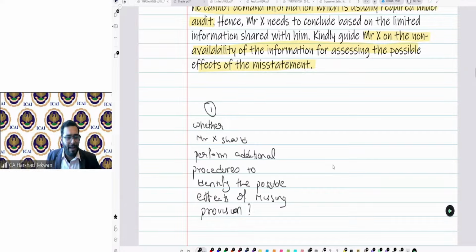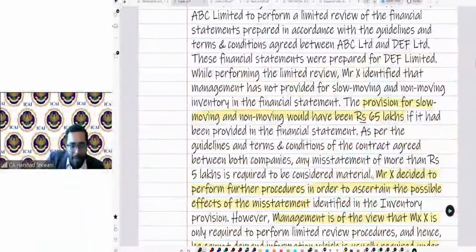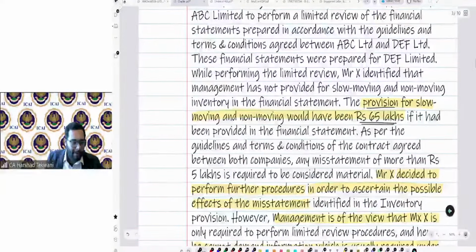Number one, whether Mr. X should perform additional procedures to identify possible effects of the missing provision. As of now, he has an amount of 65 lakhs. If there had been a provision, this would have been the provision amount.